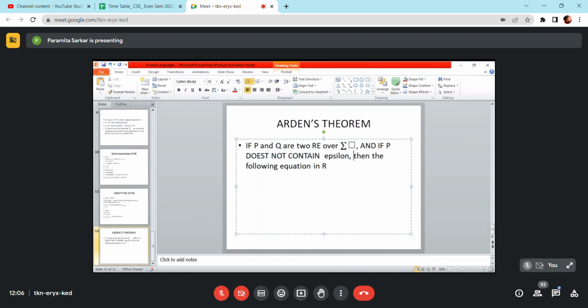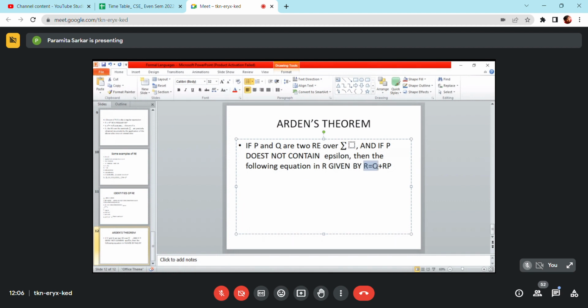Then there is another regular expression r. Arden's theorem says that the following equation is given by r equals q plus rp. So there is a regular expression r, and we have the equation r equals q plus rp.